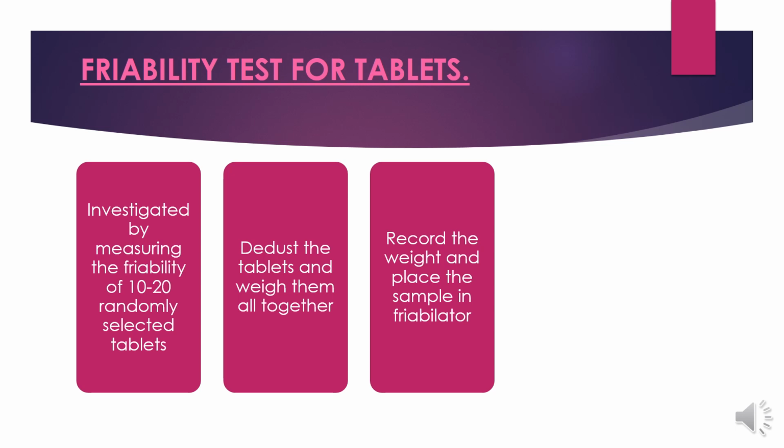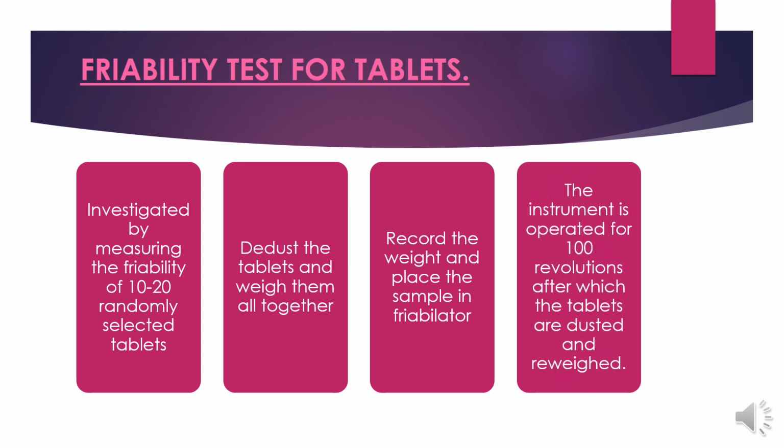You have to record the weight and place the sample in the friabilator, your instrument for the friability test. The instrument is operated for 100 revolutions, after which the tablets are dusted and reweighed. So in this case you have to take two weights.